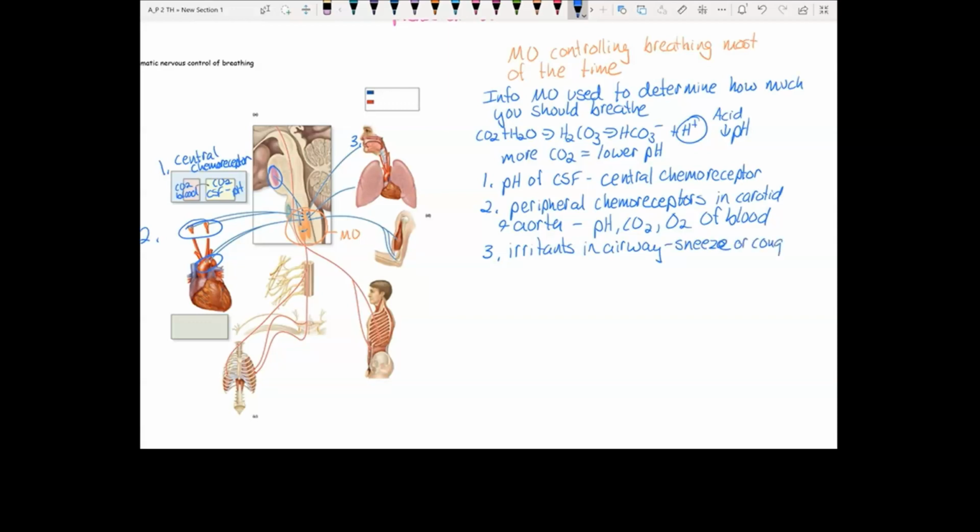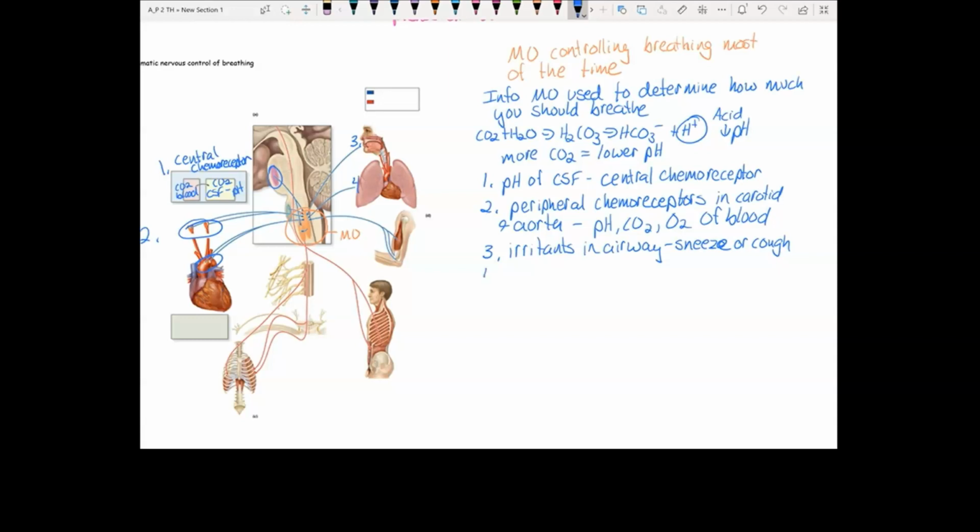If you remember back to chapter 13, learning about the brain and the medulla oblongata, it's in charge of coughing, sneezing, and gagging. So if you have an irritant and you're going to sneeze or cough, you have to first take a deep breath. Pay attention the next time you sneeze. Right before you sneeze, you take a deep breath. So you have to take a deep breath to sneeze or cough and clear your airway.